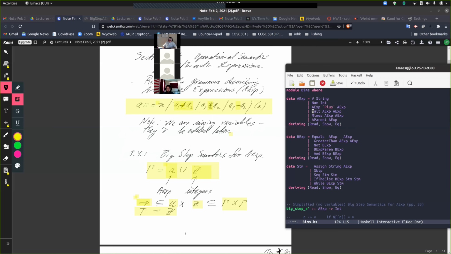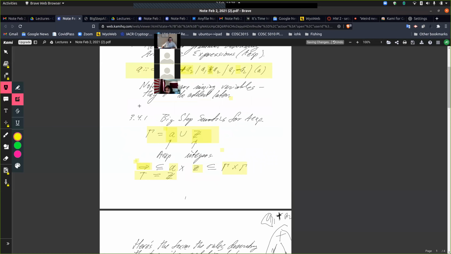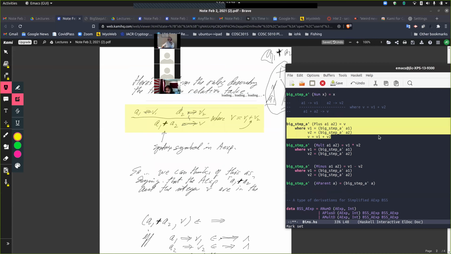Mult, see, Mult, and then down here in the actual implementation of these big step semantics, if we look at this rule here, it is characterized by this bit of code. So we're saying big step, and I say A prime here because the big step A is the one that has variables in it. So this is the one that leaves out the variables.